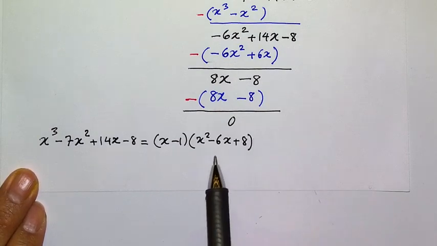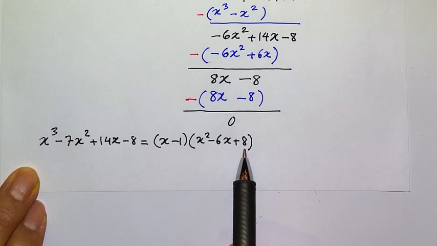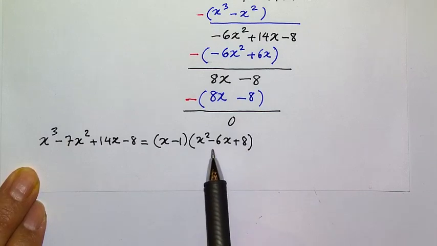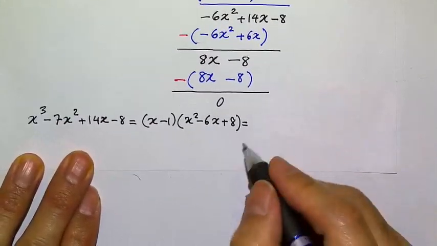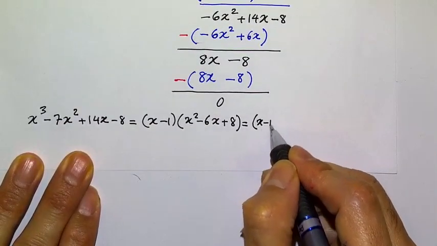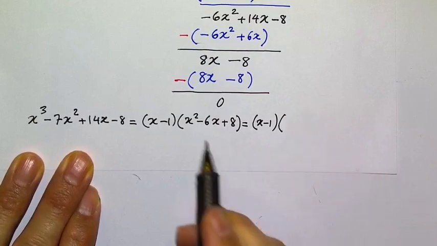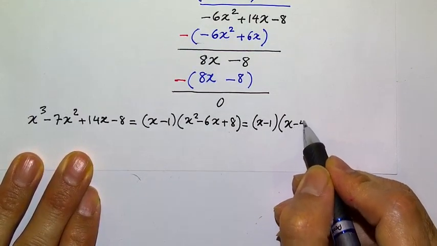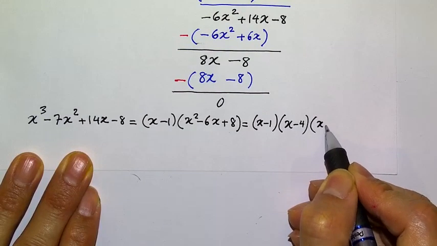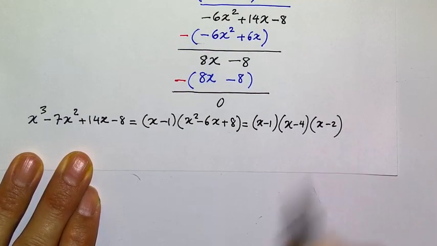So minus 4 and minus 2 multiply to positive 8 and add up to minus 6. So we can write a quick factorization of that as well. Breaking this up into factors, we get x minus 4 times x minus 2, like that.